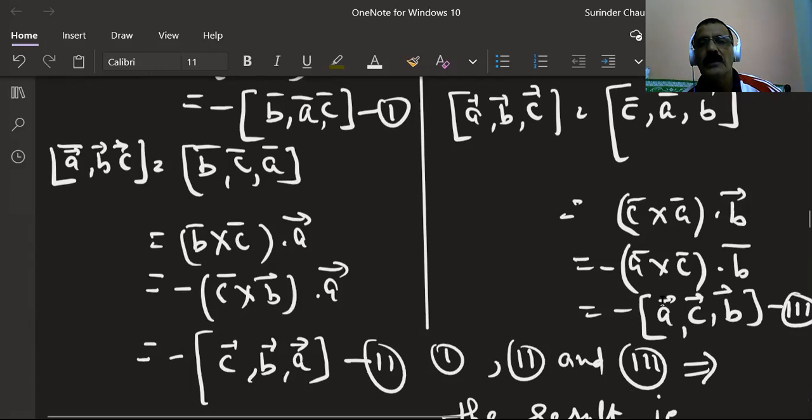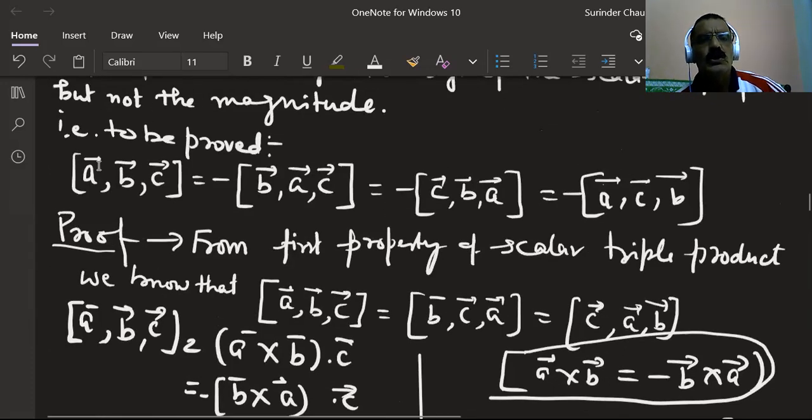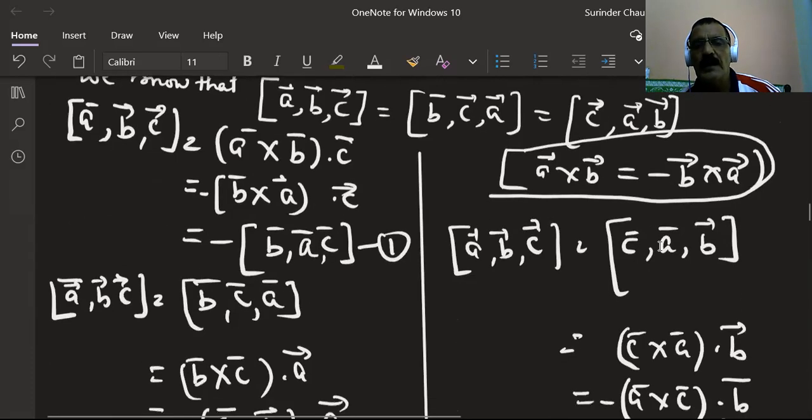Second result is this. Now third, we prove that the scalar product is equal to minus of the scalar product [A C B]. We'll take the scalar product [A B C] is equal to the scalar product [C A B]. On the right hand side, by definition of scalar product, this can be written in this form.